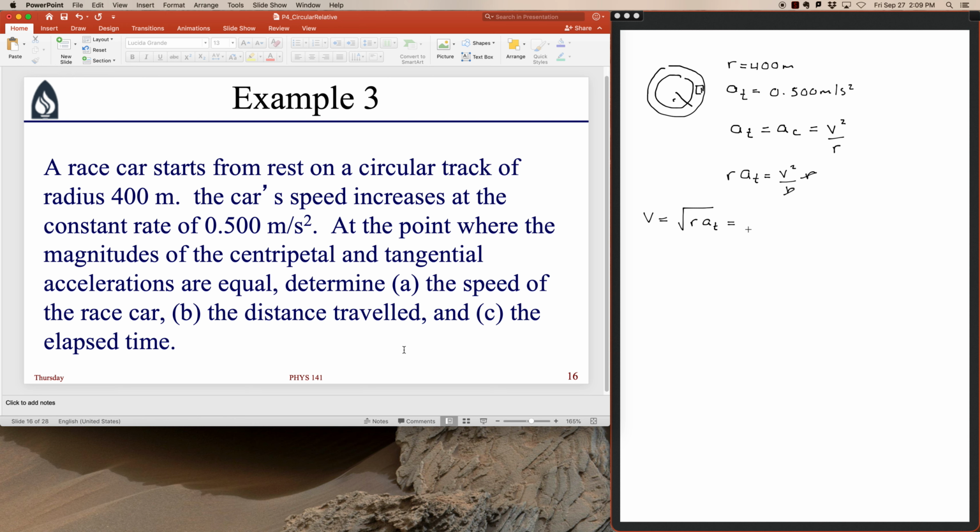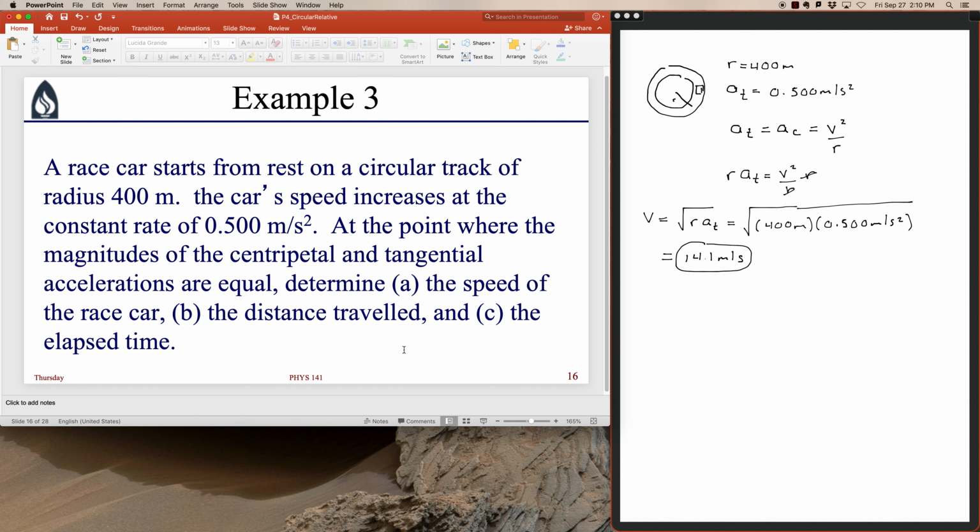And plugging in numbers, r is 400 meters, and the tangential acceleration at this point is 0.5 meters per second squared. So that gives me a speed at that point on the racetrack of 14.1 meters per second. All right, so that looks like my answer to part A of the question.